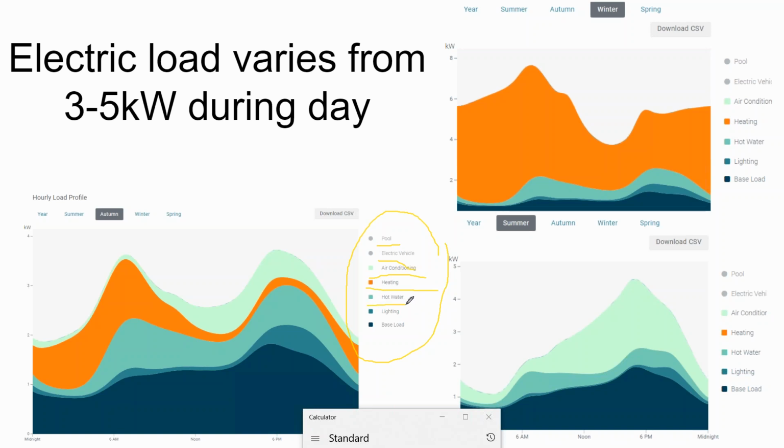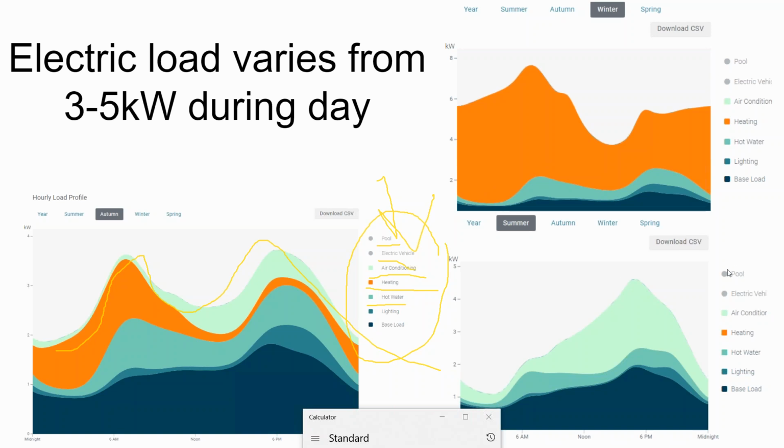Do you have an electric hot water heater? Then based on your region and the list of appliances you give it, it will guess at your electrical load profile based on whatever information's in their database. It's not a perfect guess, but it's close, and it's better than nothing.